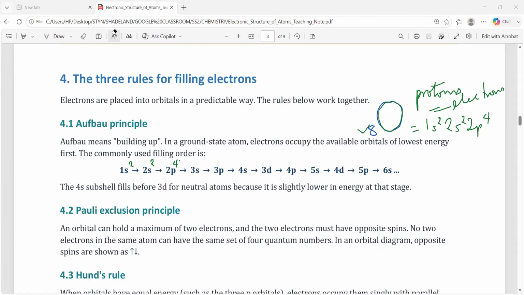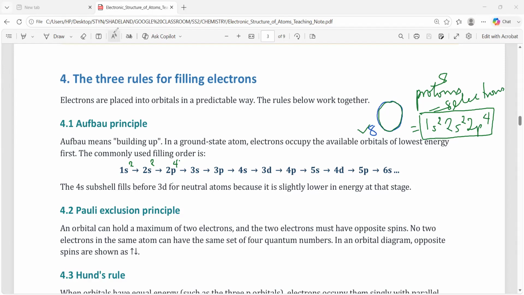Write 8 so that you always remember it is the atomic number we are referring to. Then you write 8 protons equal to 8 electrons. Then you write its electronic configuration. This electronic configuration is telling you how many electrons of oxygen are in each orbital and subshell.